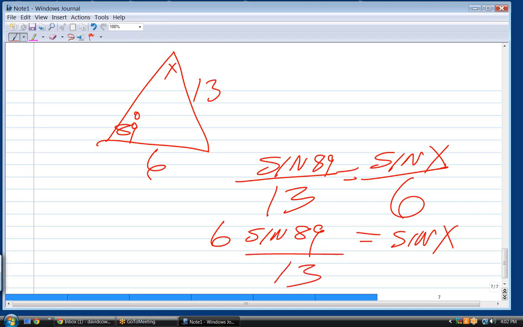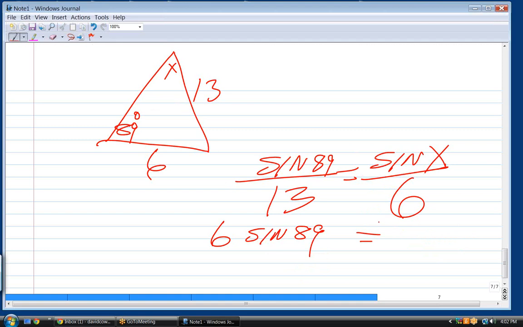So all you need to do is multiply by this denominator. That's why we set it up with the variable in the numerator. You see where it saves you one step by not cross multiplying? In other words, let's say we cross multiply. It doesn't hurt you, it just costs you a step.